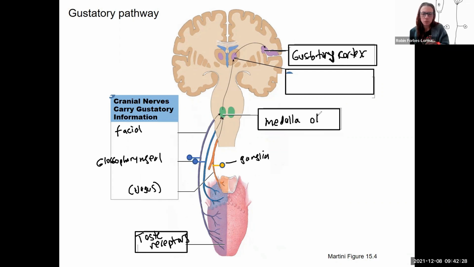This is the medulla oblongata in the brainstem. Solitary nucleus is specifically what it is. Going to then go to the, what do you think, relay station, thalamus, before going to the gustatory cortex. So how many neurons?